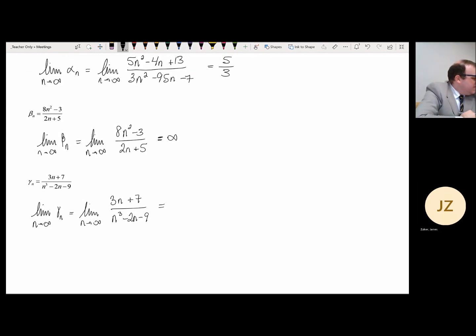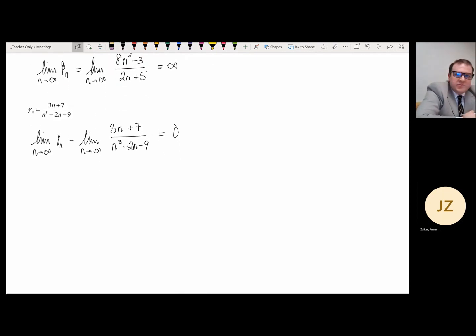What's that limit? Just 0. Zero. N to the 4th plus 1 increases a lot quicker than natural log of n.